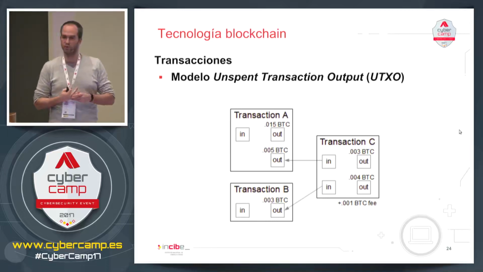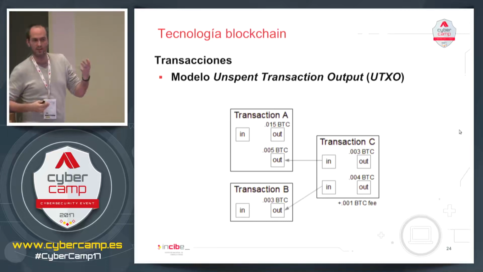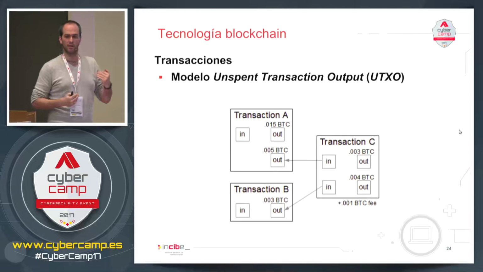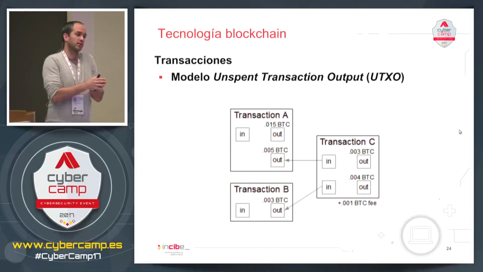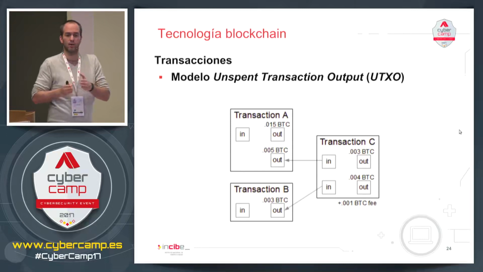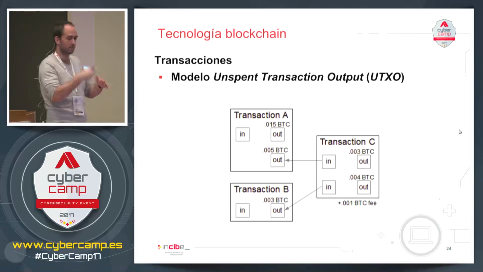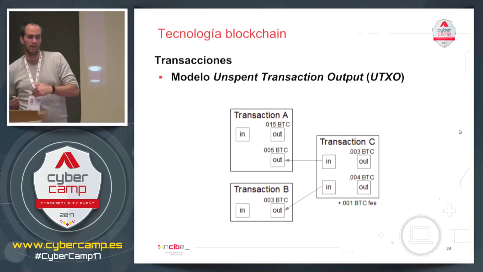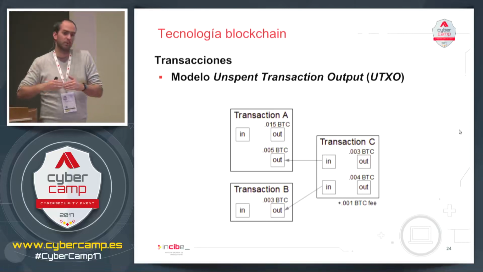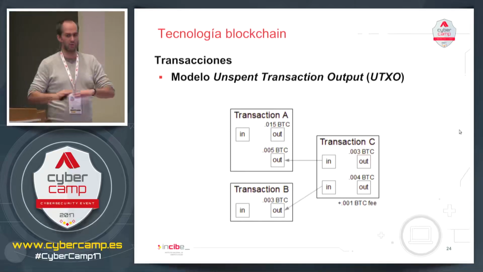What are the advantages of the UTXO model? Well, it's easy to parallelize. You just need to know whether a transaction output has been spent or not. If it hasn't been spent, it's probably still valid.